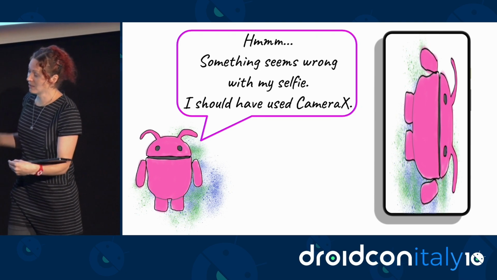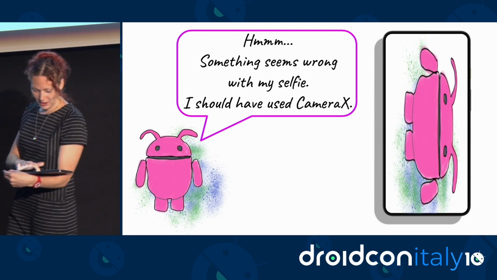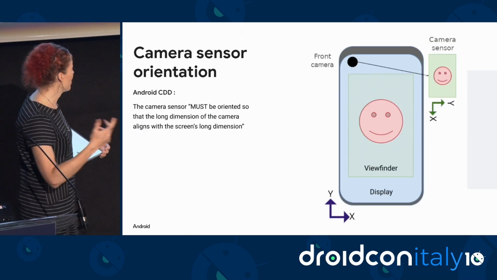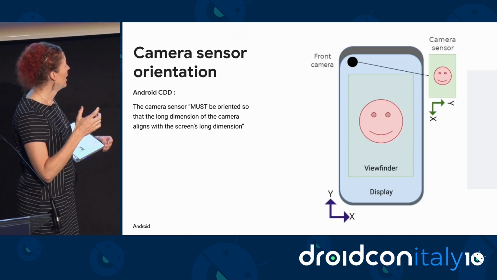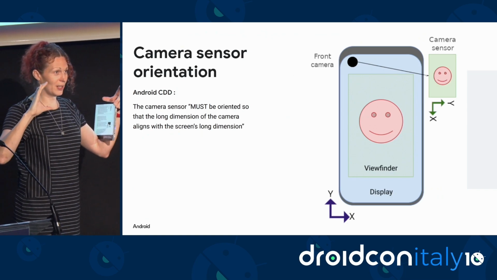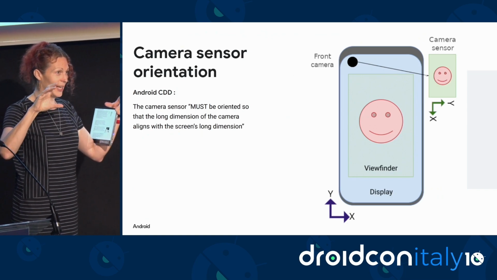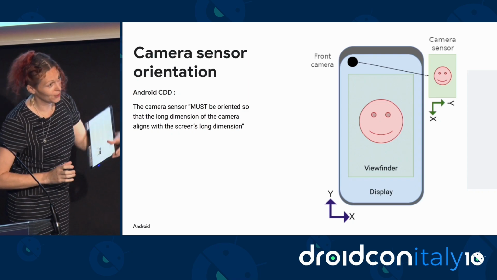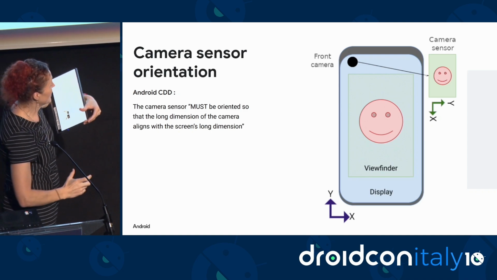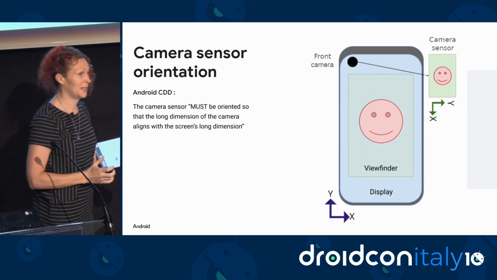And so we see this a lot on foldables and tablets and Chromebooks because according to the CDD, so what hardware manufacturers must do, the camera sensor's long side, so most camera sensors are landscape, the long side has to line up with the long side of the screen. So if you have a portrait phone, landscape sensor, it's going to be rotated 90 degrees.